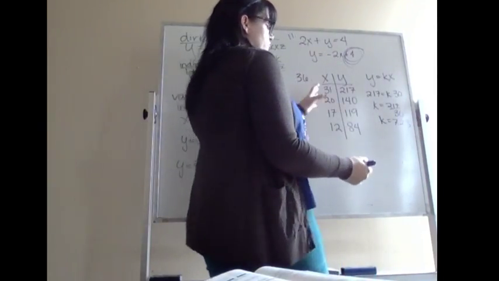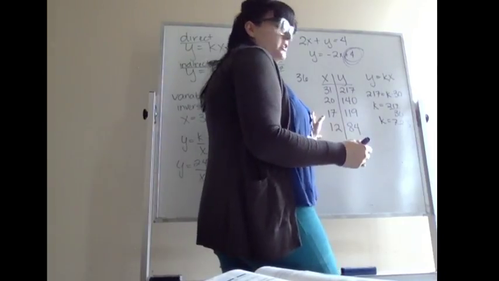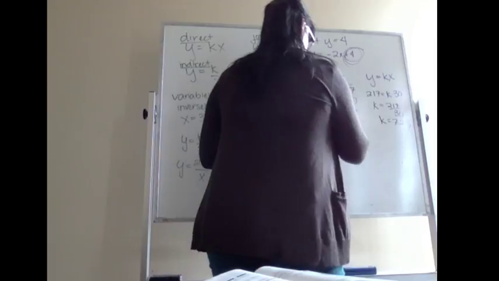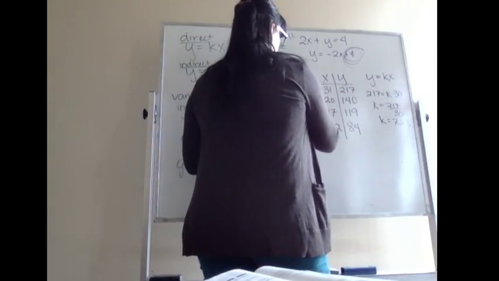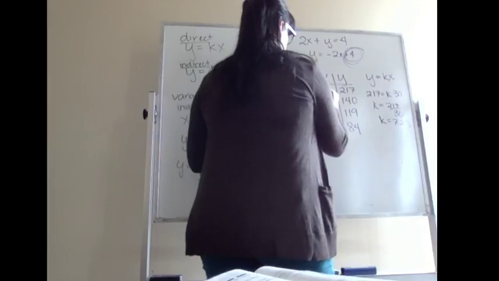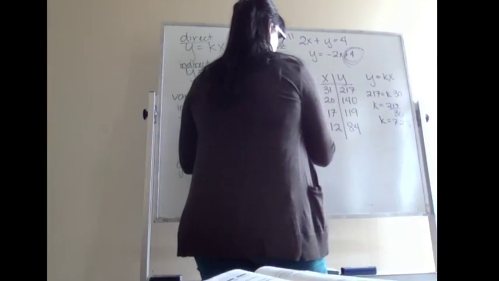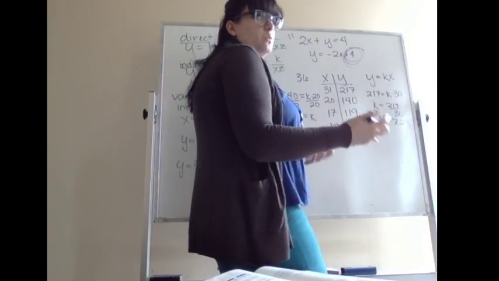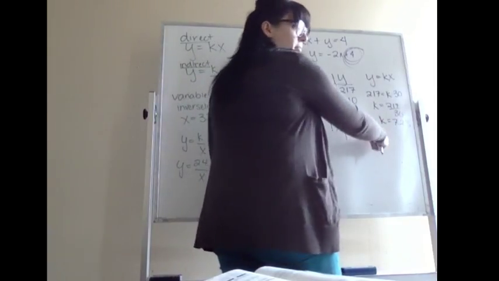So if this is direct variation, k will be the same for every single one. So I'm going to test another one. So 140 equals k times 20. Divide by 20, divide by 20. Oh, well this one k is only 7. So it doesn't work because the k is not the same.